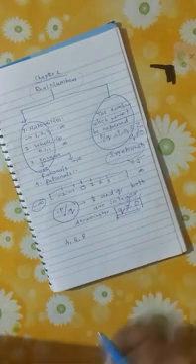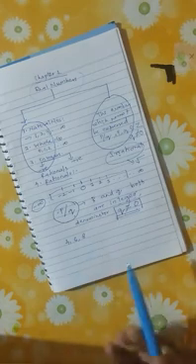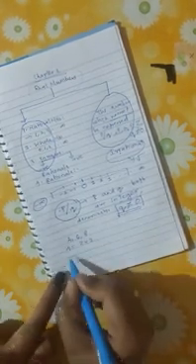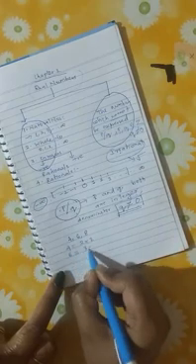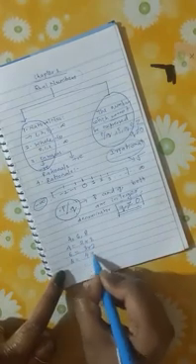How are you going to find the HCF of the given numbers 4, 6 and 8? You can write 4 as 2 into 2. You can write 6 as 3 into 2. And you can write 8 as 4 into 2.